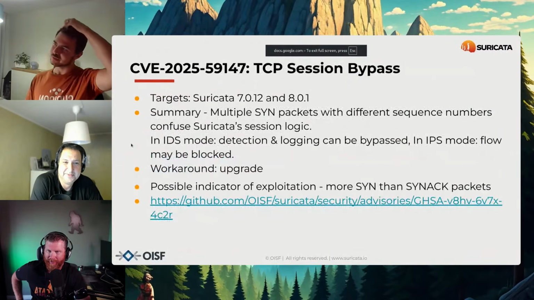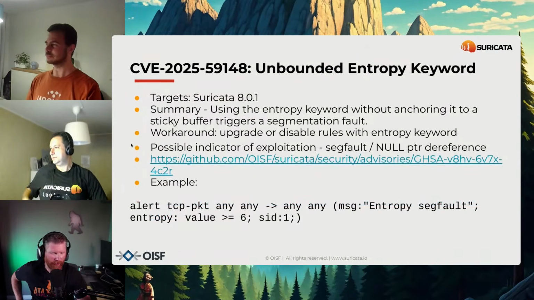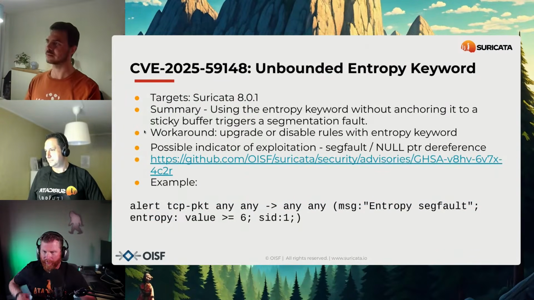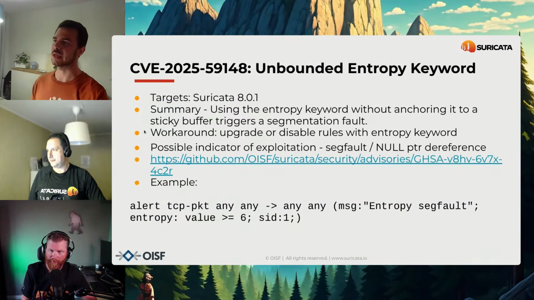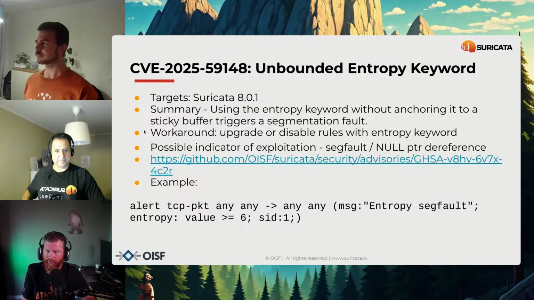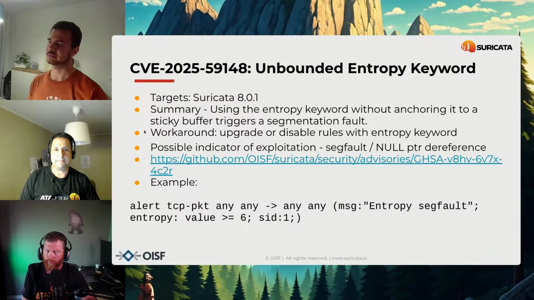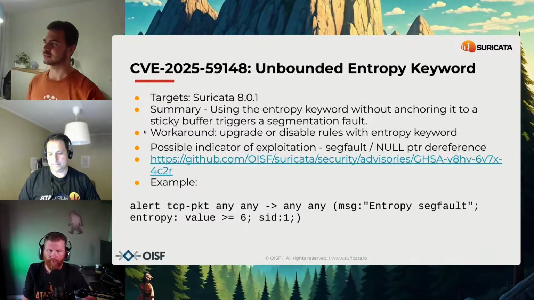I will just continue with the remaining CVEs. I think it's kind of obvious. Then the next CVE is about the entropy keyword. Entropy is a new keyword introduced in Suricata 8. But we found an issue that when it's used unbounded, then you might hit a segfault or null pointer dereference, which is, again, not very good.